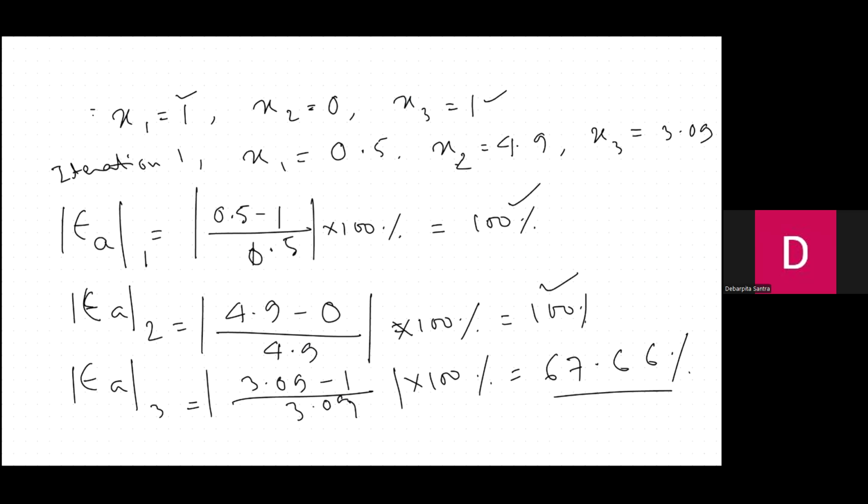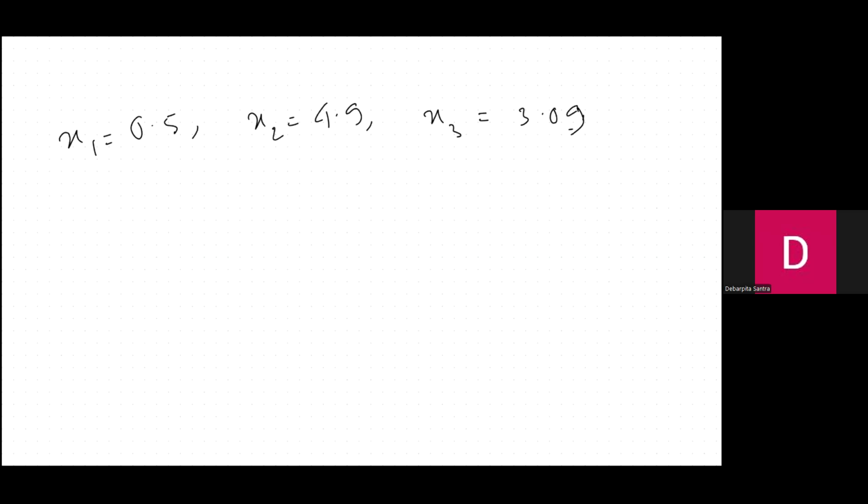What is our iteration number 2? Let me clean this screen and write down again. At iteration number 2, what are our values? The value of x1 is 0.5, the value of x2 is 4.9, the value of x3 is 3.09. And we have found the error as we have seen previously.